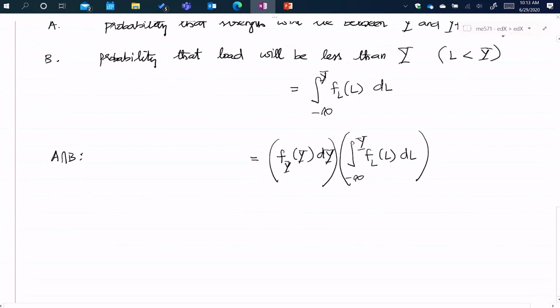This is the reliability dR corresponding to a specified strength value.